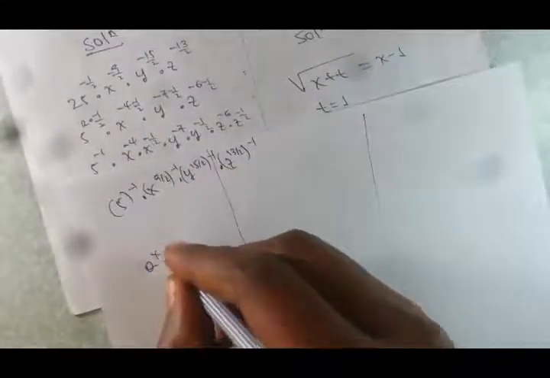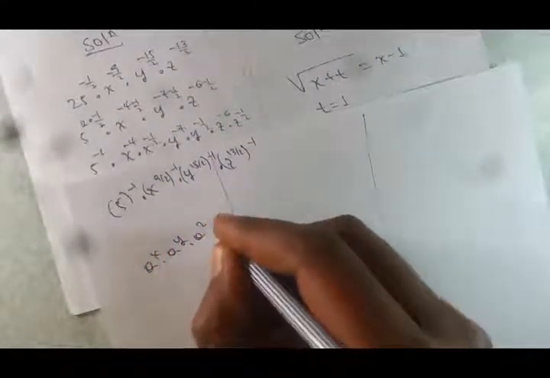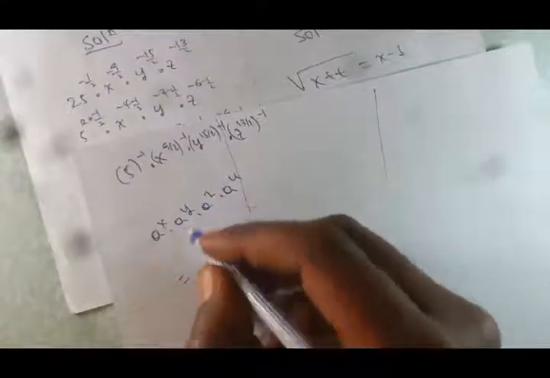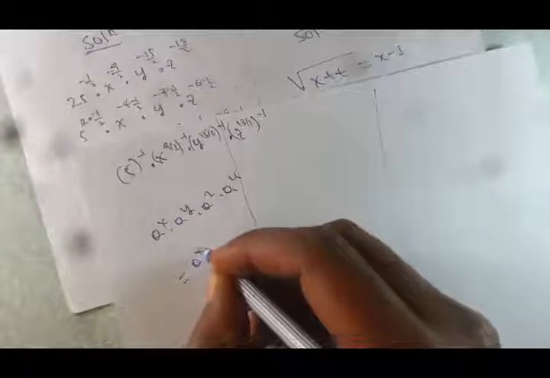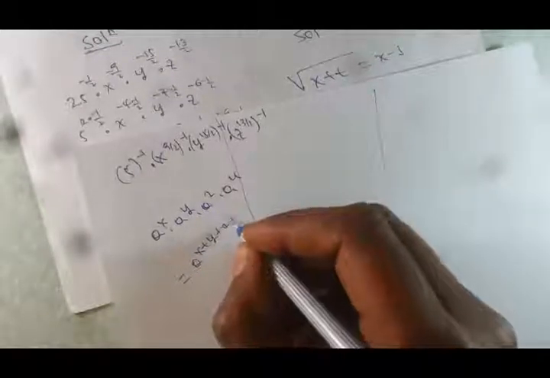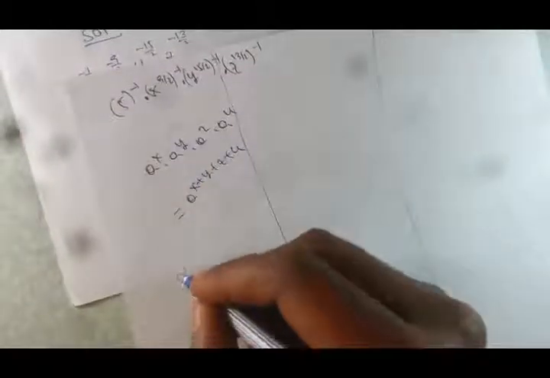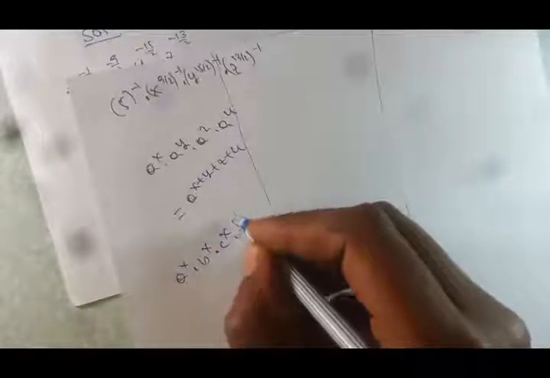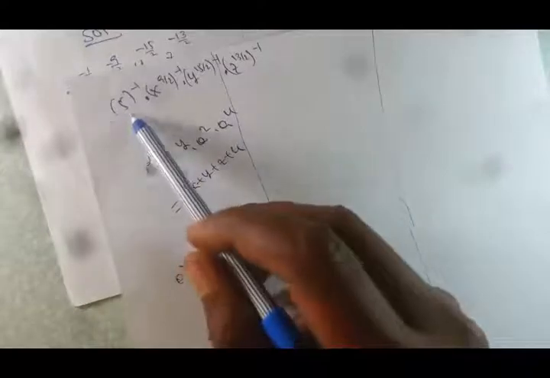And we know that a raised to x times a raised to y times a raised to z times a raised to u can be written as a raised to x plus y plus z plus u. And a raised to x times b raised to x times c raised to x times d raised to x can be written, if their exponents are the same, in our case, exponents are the same, we will multiply their base.